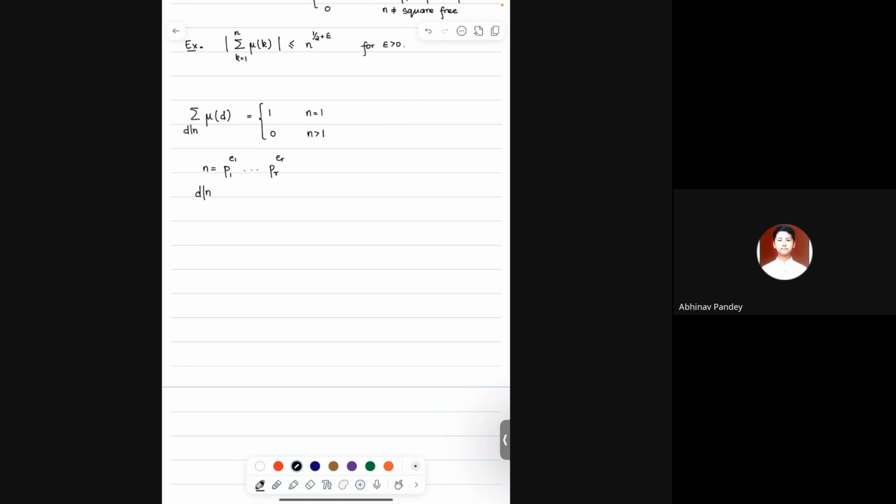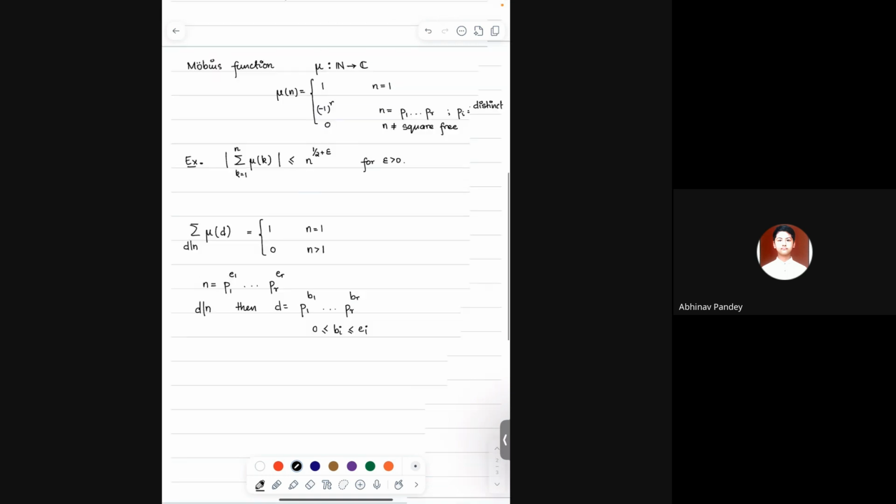If d is a divisor of n, then d must be some p1 to the b1 up to some pr to the br, where these bi can be anything between 0 and ei. So b1 can be 0. The divisor does not necessarily have a power of p1, but it can have everything between 0 and e1. All possibilities are okay. Similarly for p2 and so on up to pr.